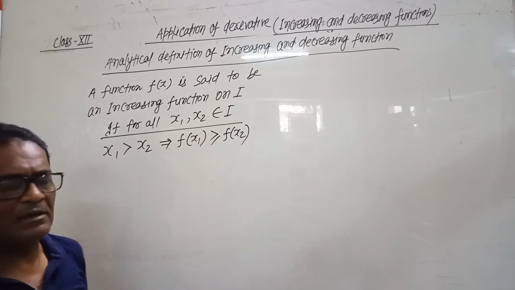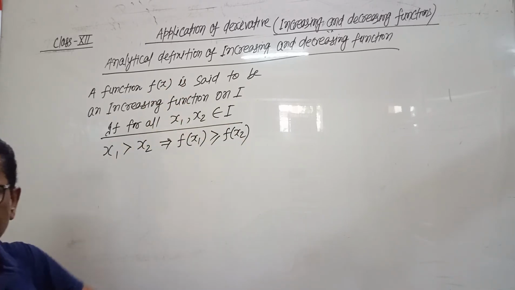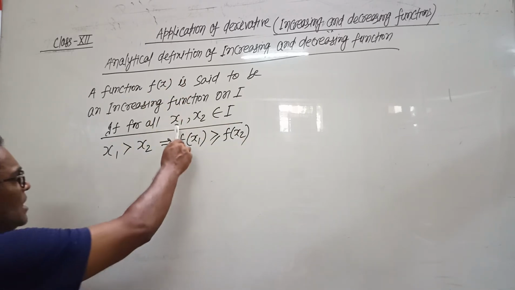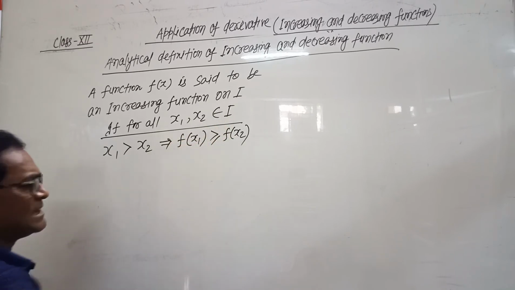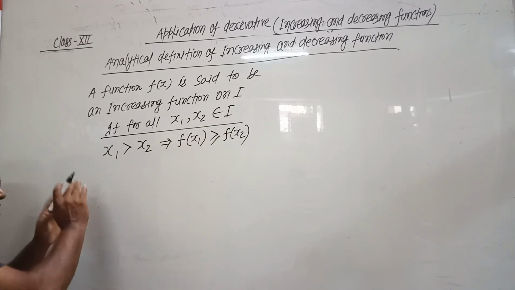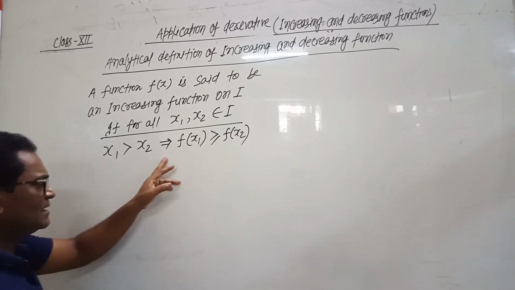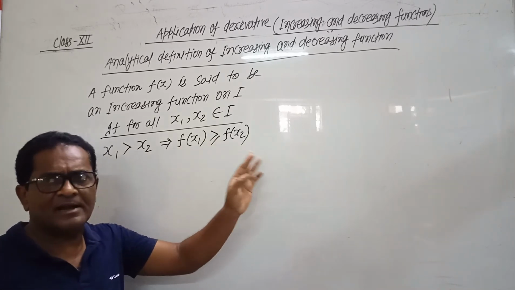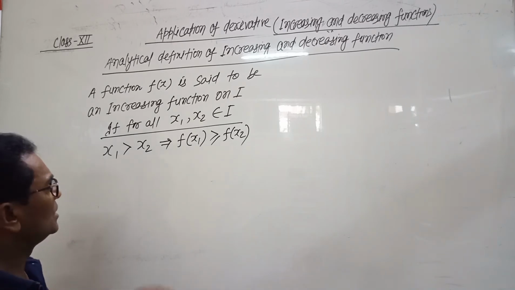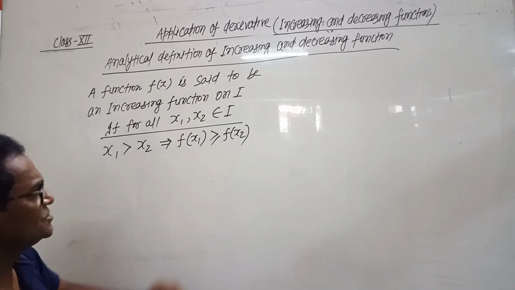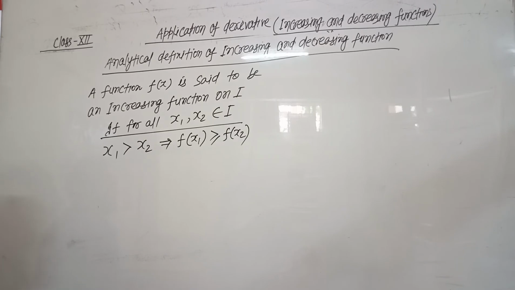Given interval, इंटरवल क्या होगा? रियल नंबर होगा. अगर x1 x2 बिलोंग करता है इंटरवल I में, और if x1 is greater than x2, then f(x1) is greater than or equal to f(x2). So this is the definition of increasing function.